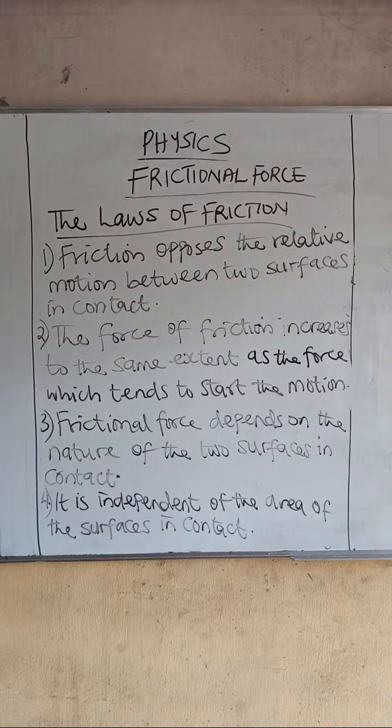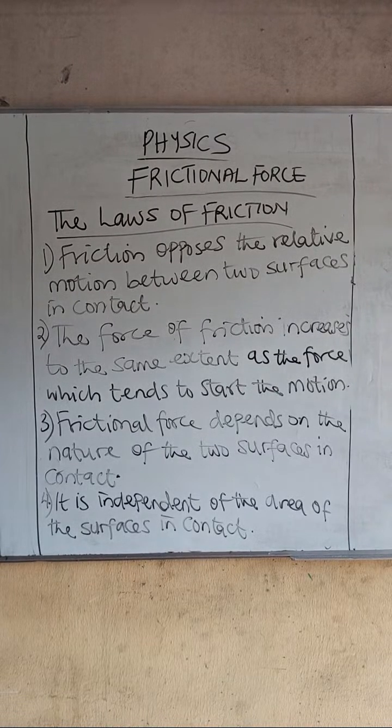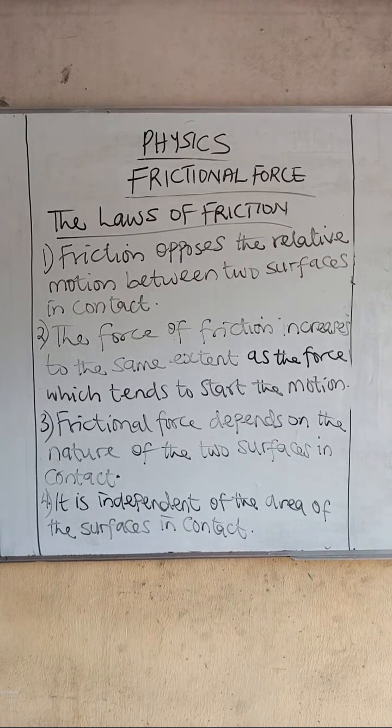It is independent of the area of the surfaces in contact. That's the last one, number 4. It is independent of the area of the surfaces in contact. Okay, Agnes, we can proceed. All right. Peculiar Essien, are you done writing? So I want to proceed to the next one.